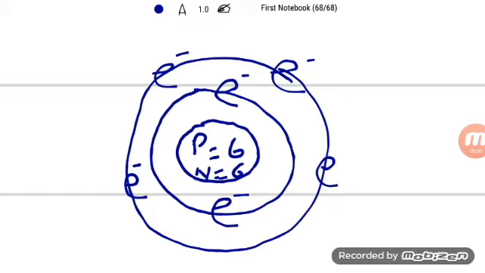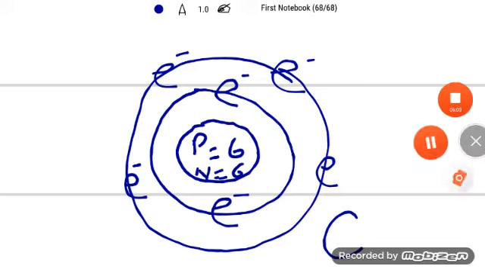The rule says that the number of protons and electrons will always be the same. So this was our carbon atom, and the symbol of carbon is capital C. Likewise, students, you can draw for oxygen, hydrogen, and other elements. The electrons keep revolving around the nucleus.